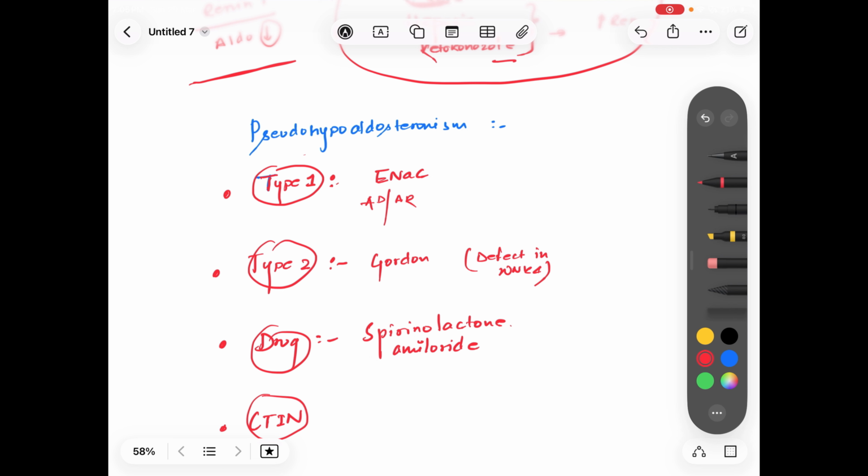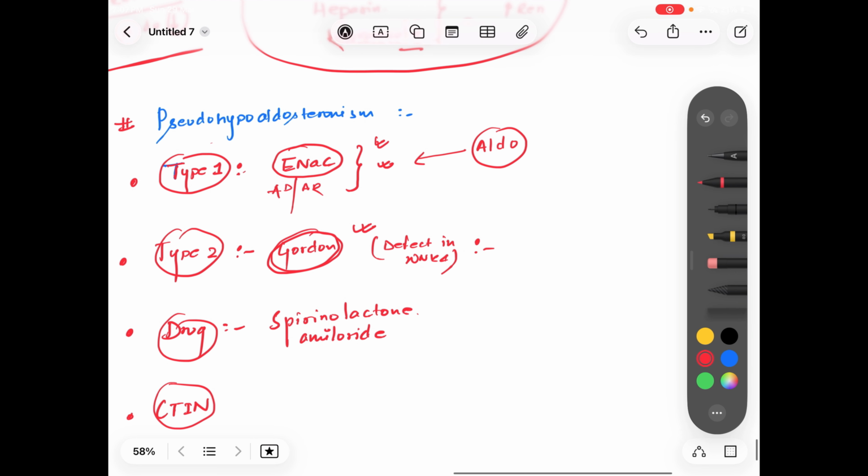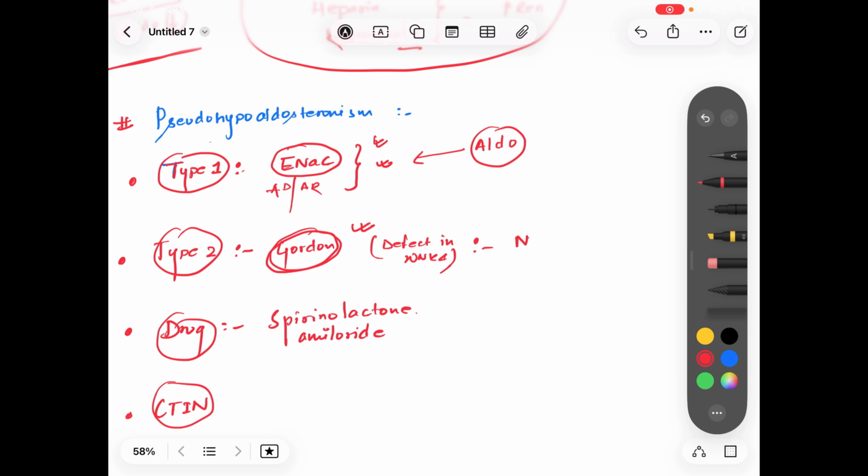What is next is pseudohypoaldosteronism. It can be divided into type 2 or type 1. Type 1 is a defective ENaC channel. Aldosterone is present, but it cannot act because the ENaC channel is defective. And in type 2 there is a defect in NCC, which is the sodium chloride co-transporter.